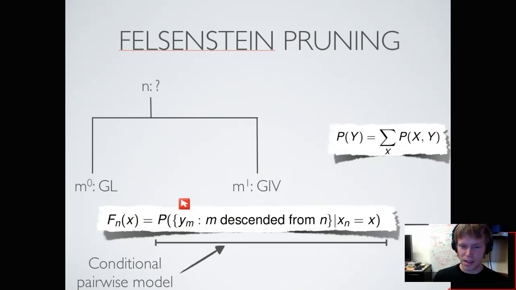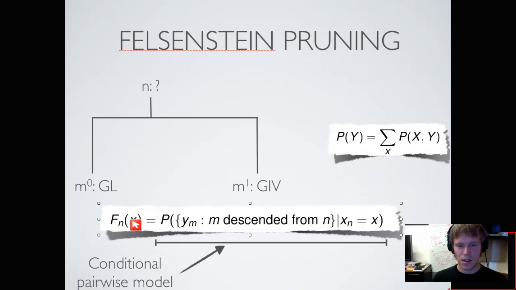The key is that the conditional pairwise model, for its typical use cases, is a substitution model, something like Jukes-Cantor or HKY or Kimura, that describes one character mutating into another. So if we want to compute the likelihood of an entire alignment, we have to compute and store this quantity for each internal node, for each column of the alignment, and for each character.